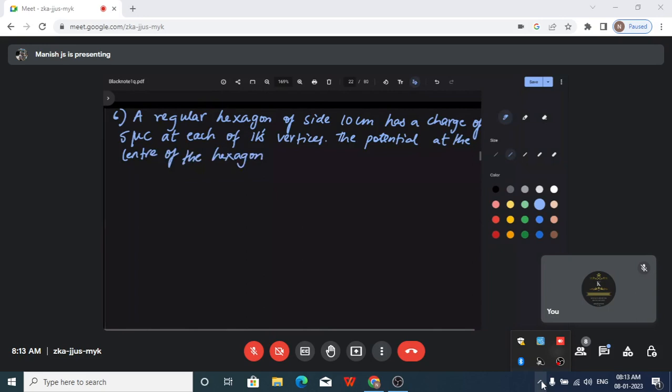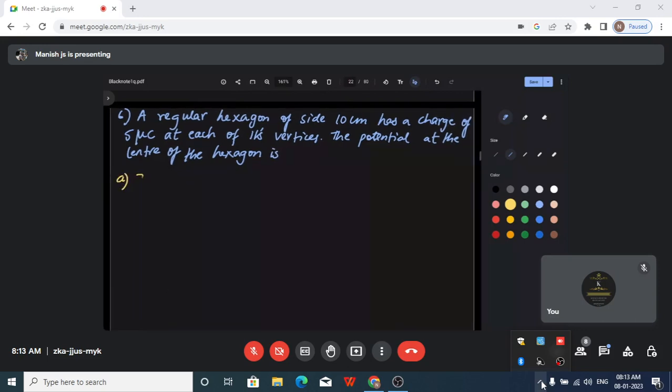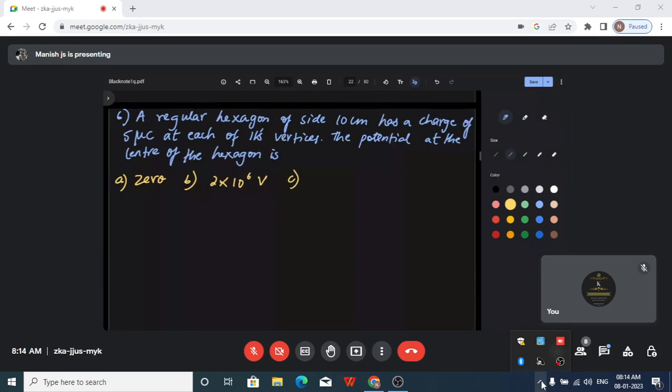Potential at the center of the hexagon is: option A, 0; option B, 2 into 10 to the power 6 volts; option C, infinity; option D, 2.7 into 10 power 6 volts.